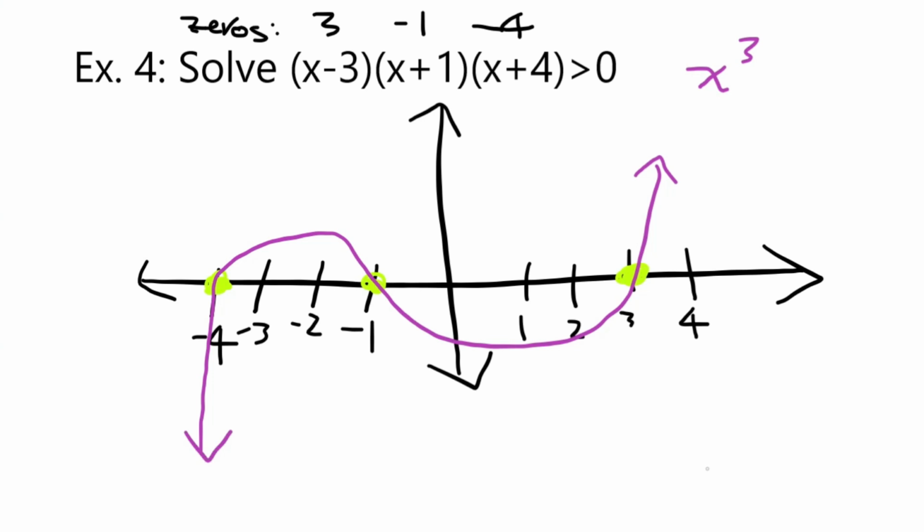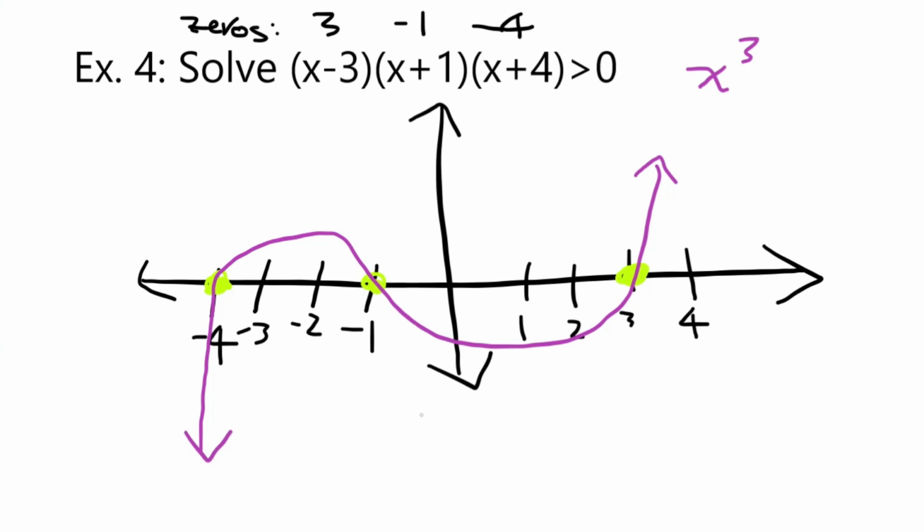Now, it wants to know, the answer is basically what intervals is f of x greater than 0. Now, f of x, that's the y-coordinate. So where is the y-coordinate of this graph greater than 0?